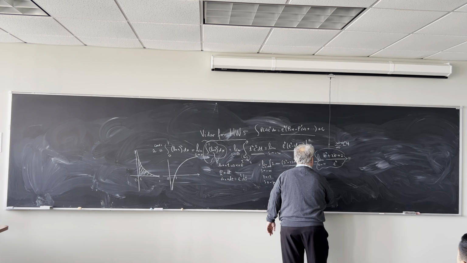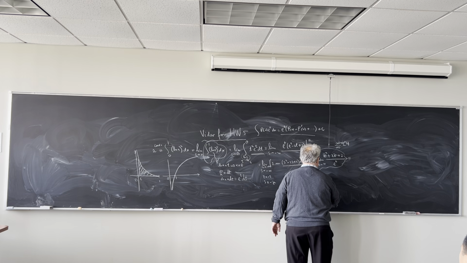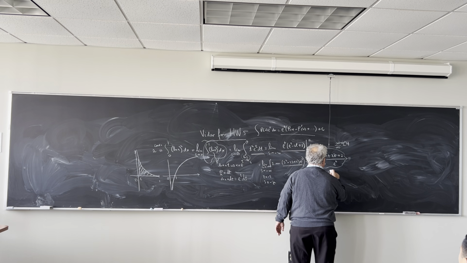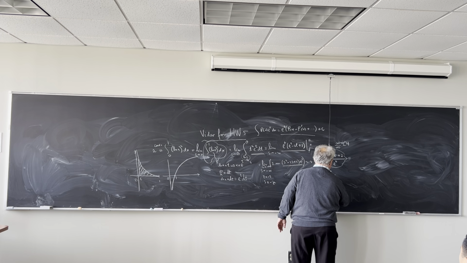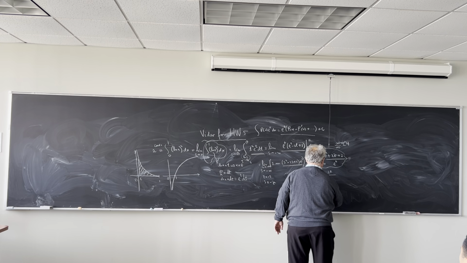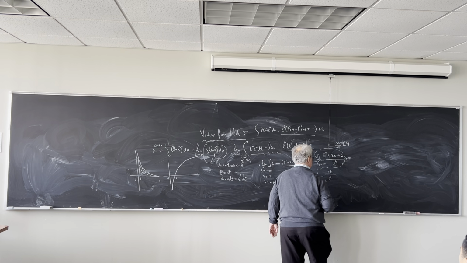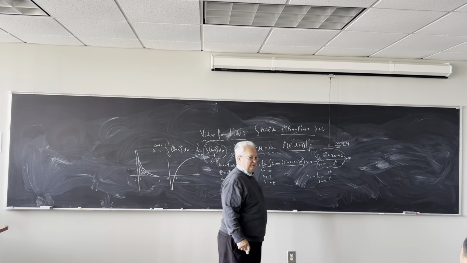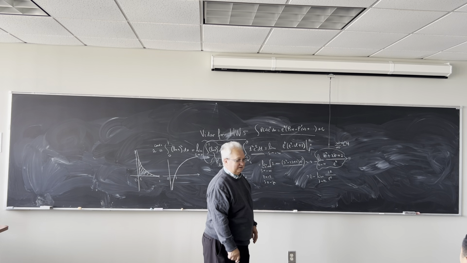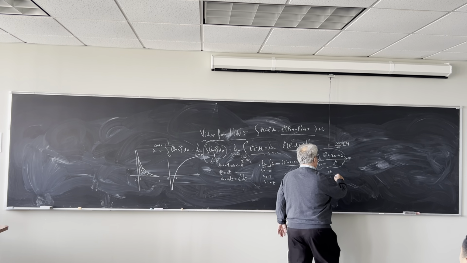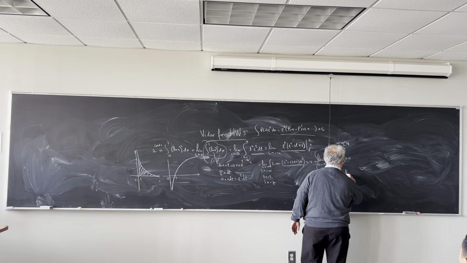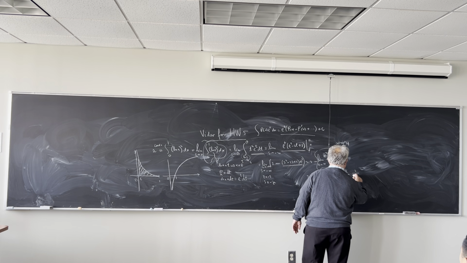This is going to be 2 minus the limit. The derivative of that would be 2z over e to the z. That simplifies it a little bit. Or we can use L'Hopital again, and then that's going to be 2 minus the limit of 2 over e to the z.